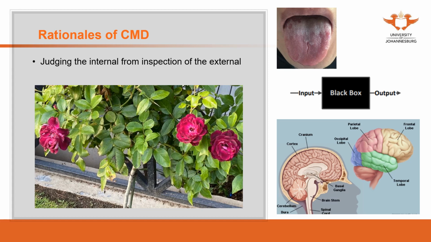For instance, from the picture at the bottom on the right side, the brain. From anatomy, we can study the brain's different function areas; different locations of the brain control different functions. From the anatomy and physiology, we know some parts of the brain control certain parts of our human body.